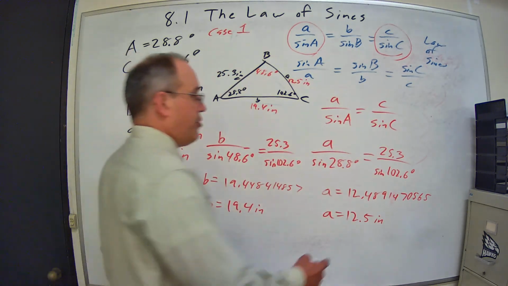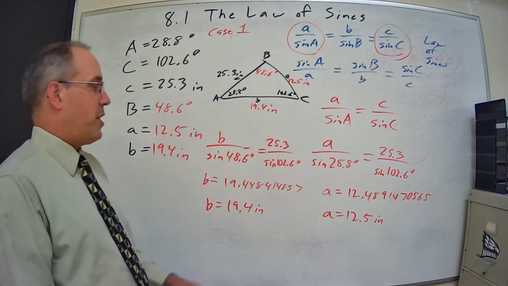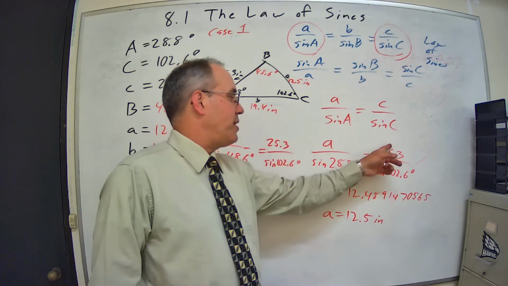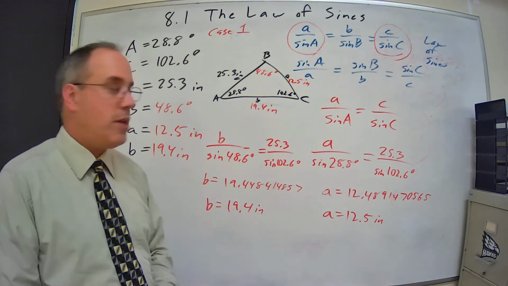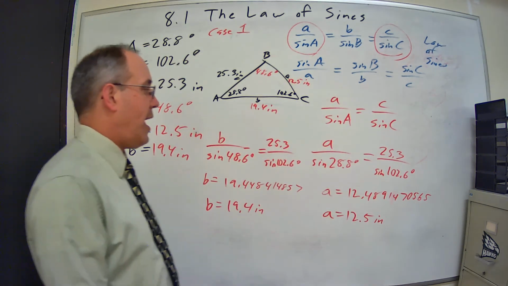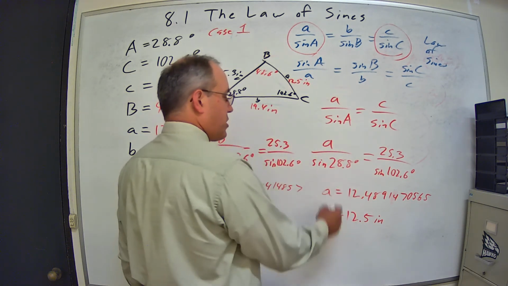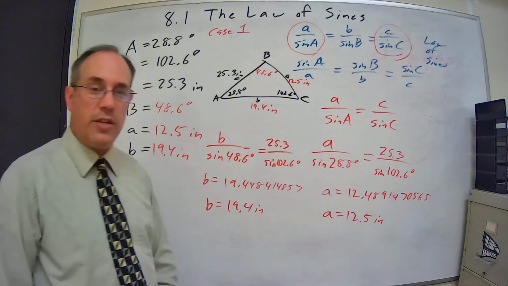If you got confused over here, all I was doing was multiplying the diagonal and dividing by what's opposite, or solving for A. If I solve this for A, then I'm going to multiply both sides by the sine of 28.8 degrees.